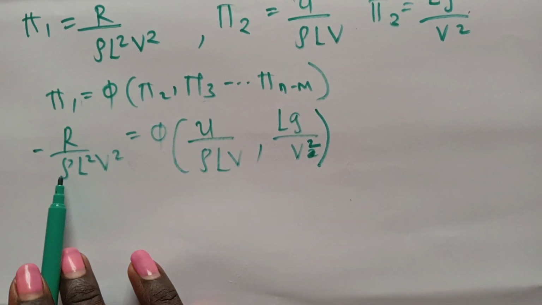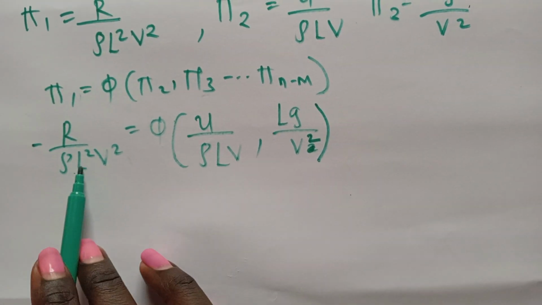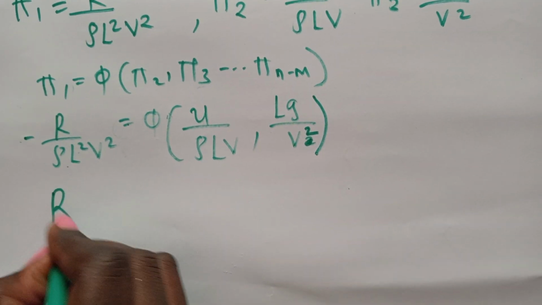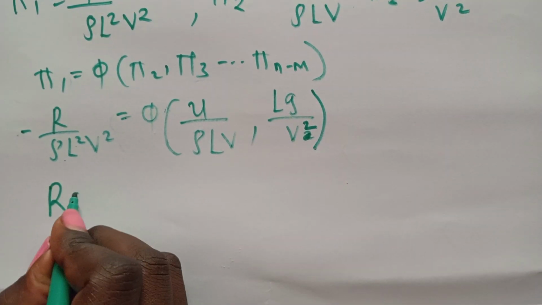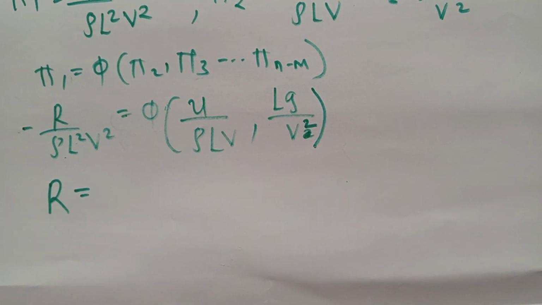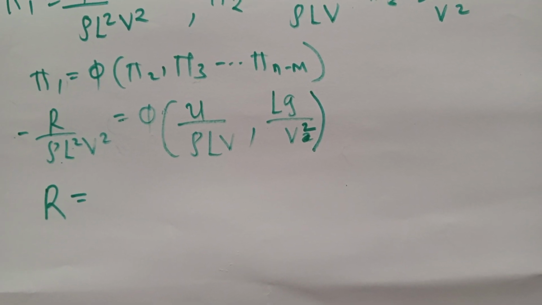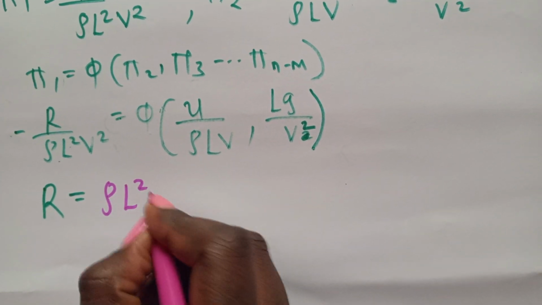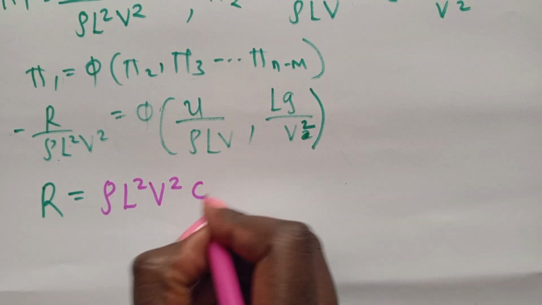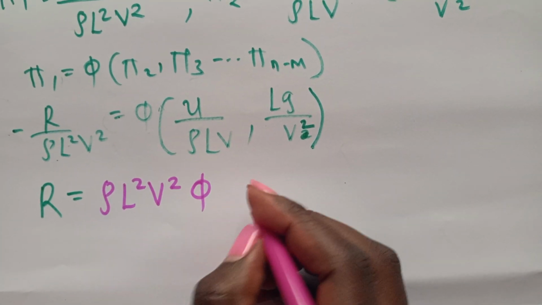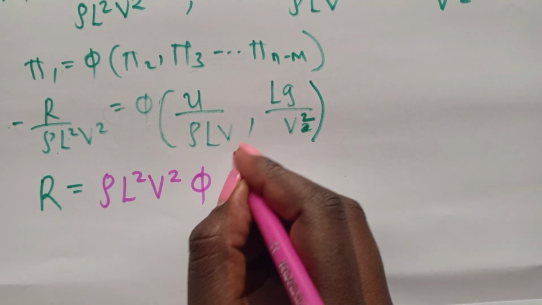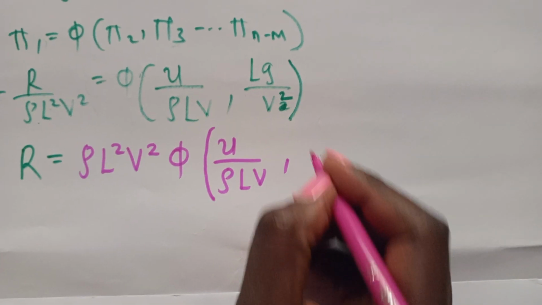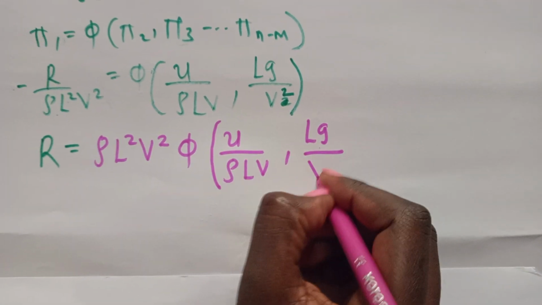Now we can simply multiply on both sides because we have an equal sign here, and you have our function, the wave resistance being equal to rho L squared V squared, a function of, in brackets, mu over rho L V, comma, L G over V squared.